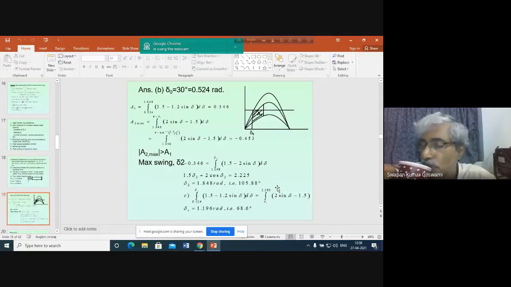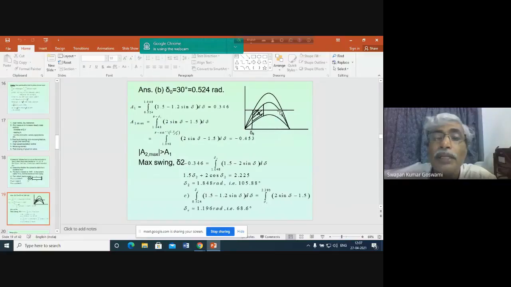Why is it 2.293? Because you see that this line is known, this angle is known. When this angle is known, up to which the generator may be allowed to swing, that angle is also known, because it is pi minus this angle.